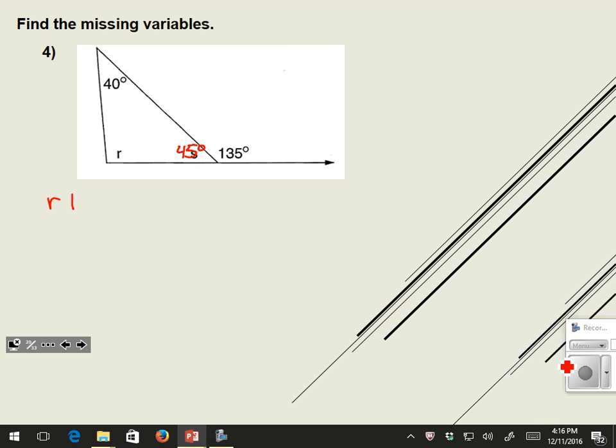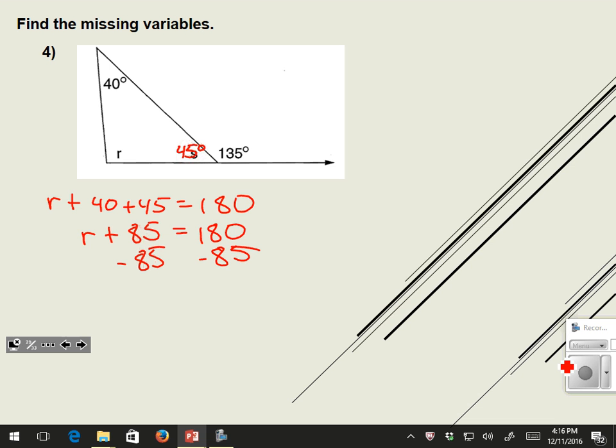So R plus 40 plus 45 equals 180. R plus 85 equals 180. I subtract 85 from both sides. Therefore, R is equal to 95 degrees. So this is 95 degrees.